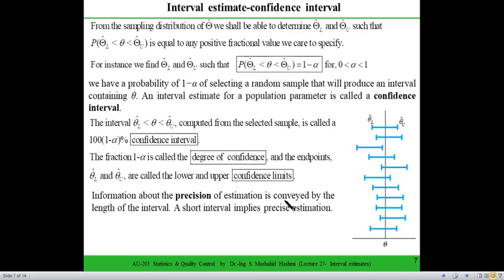So with what certainty, with what probability, can we say that in this sampling process the true mean or the population parameter is going to lie within those intervals. We already know the lengths of these intervals differ. We know it depends on the size of the sample as well.